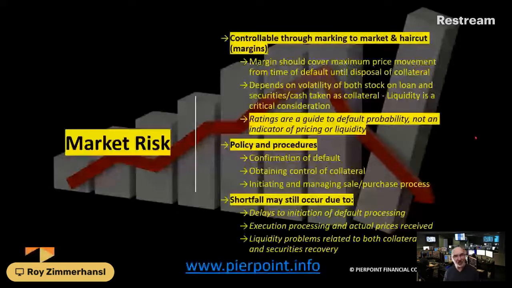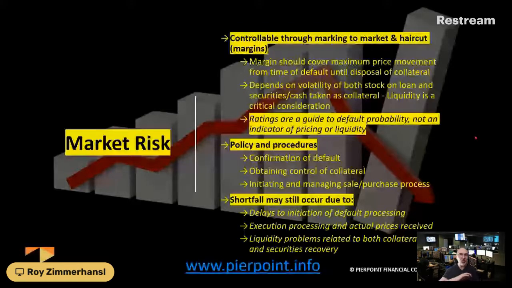So you need to understand what unwind procedures are, what actions need to be taken, who needs to take those actions, and that the collateral you have is accessible and you can sell it, and that you can start this whole process of selling and buying very quickly. That's really about policy and procedure and having it tried and tested before an event happens.